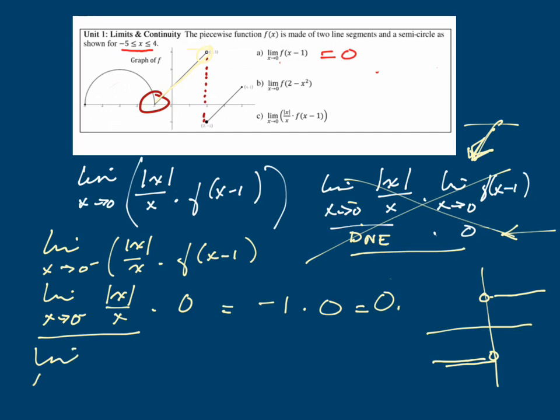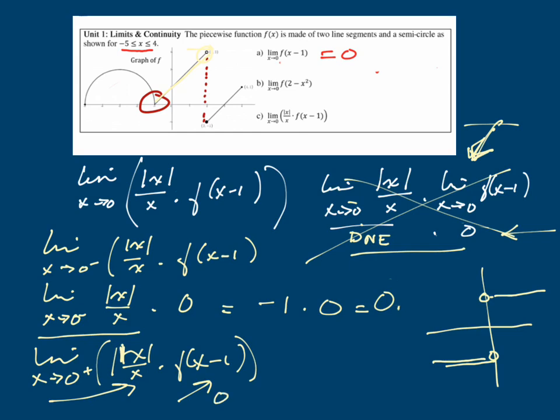And then the limit as x approaches 0 from the right of the absolute value of x over x times f of x minus 1, breaking it up, we already know this is 0, and the limit of that is equal to 1, so you have 1 times 0, which equals 0. Because the left-sided limit is equal to the right-sided limit, we know the limit must be 0.